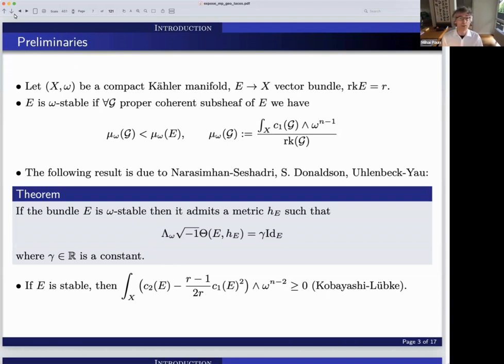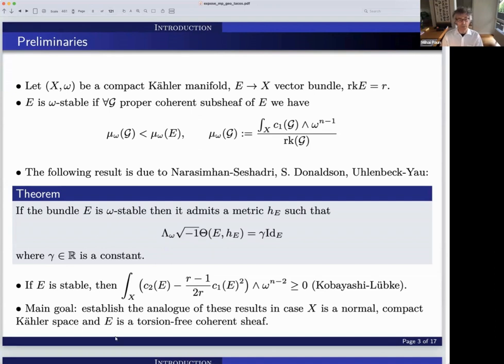Now, what I would like to do in the next minutes is somehow generalize this in a singular setting. That is to say, establish an analog of these results in case X is simply a normal and compact Kähler space, and E is a torsion-free coherent sheaf. As for my motivation in doing this, I will come to this a little bit later.